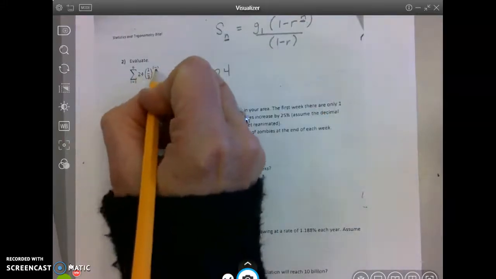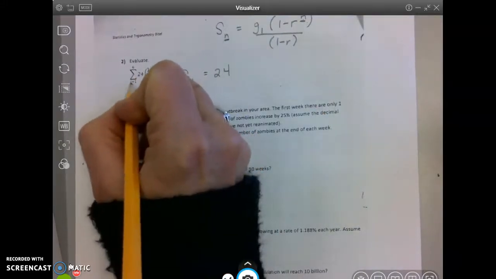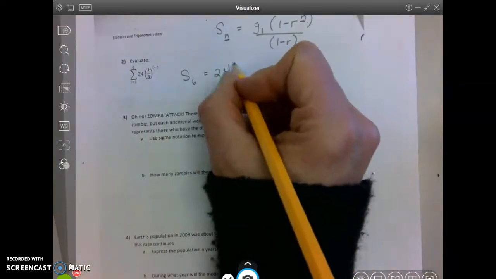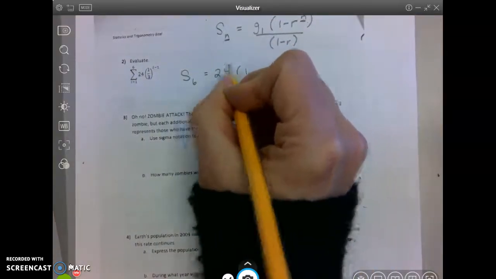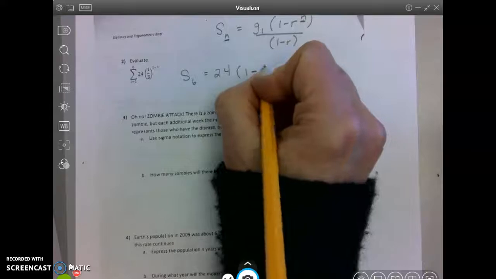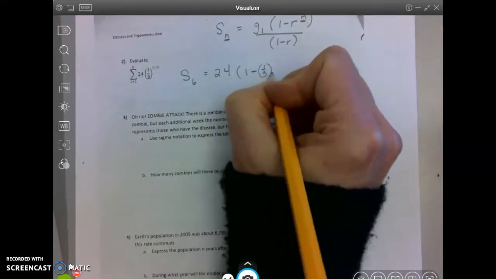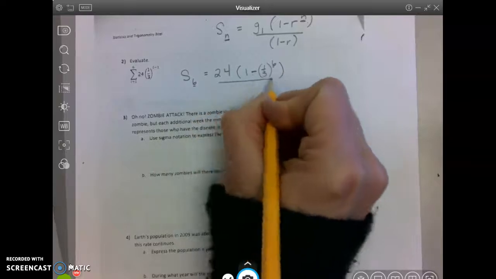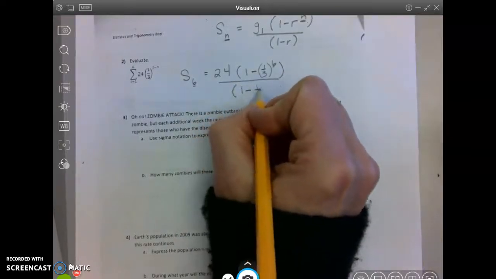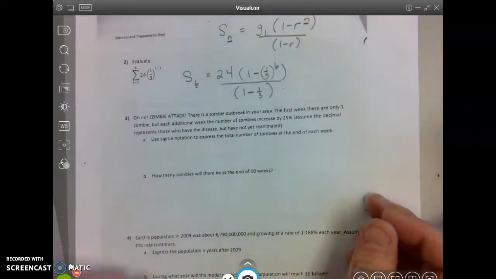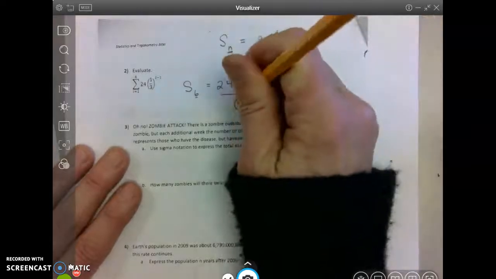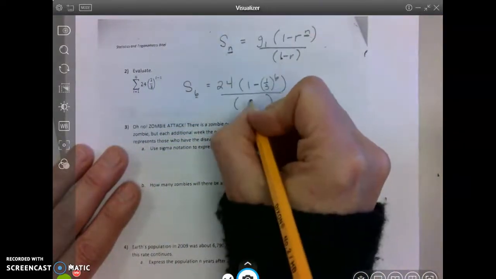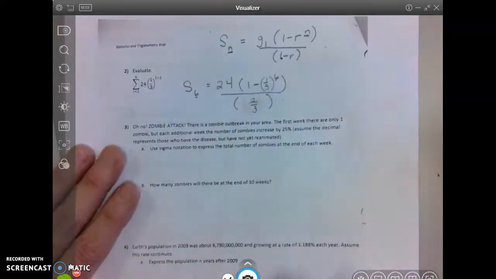And I know this is the first term because it says i minus 1, and it doesn't just say to the n or to the i. 24 times 1 minus, this is my constant ratio, 1/3, to the 6th power. These should always match, all over 1 minus 1/3. Again, I always do this step in my head, and I simply know that 1 minus 1/3 is 2/3.